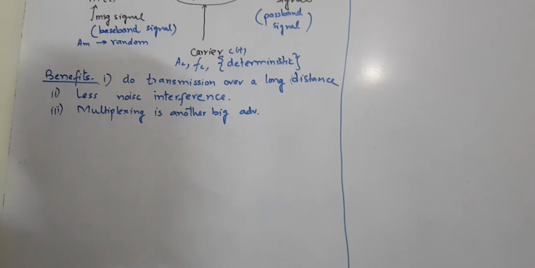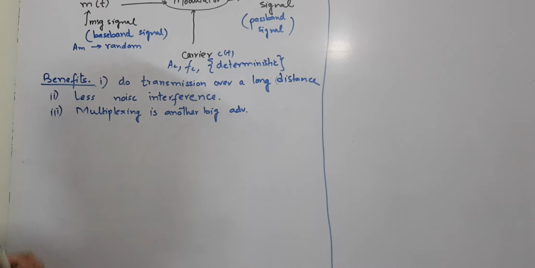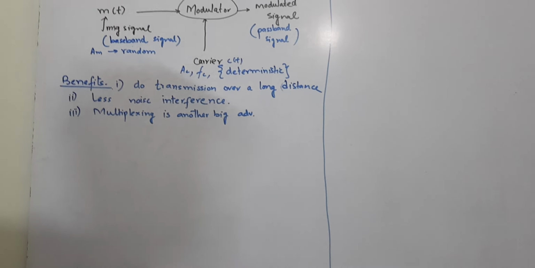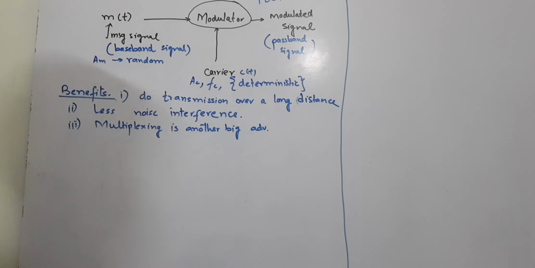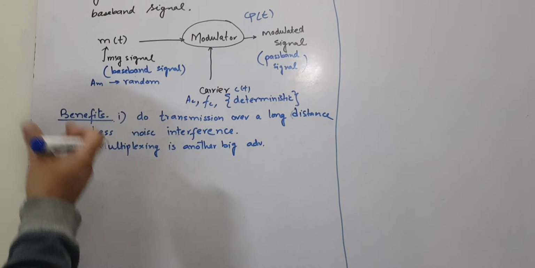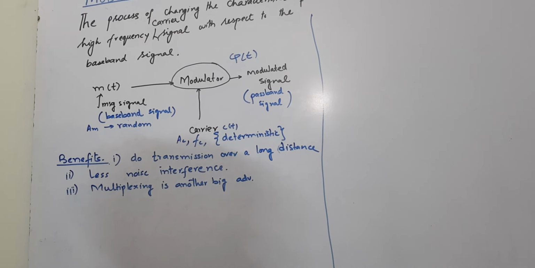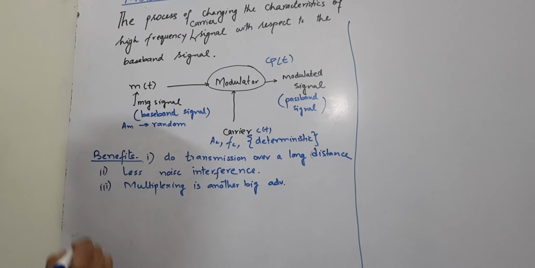You can transmit many messages using multiplexing in the same bandwidth, from the same channel. But if you are not doing modulation, you cannot transmit many messages at the same time.